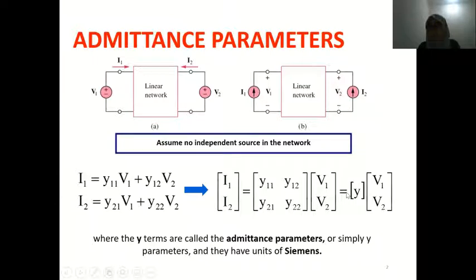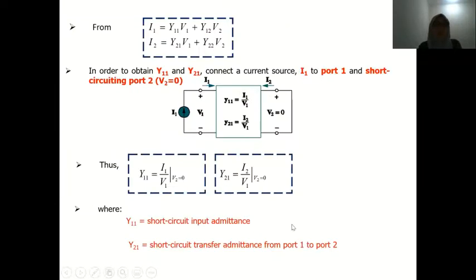The Y terms are called the admittance parameters, or simply Y parameters, and their units are Siemens.